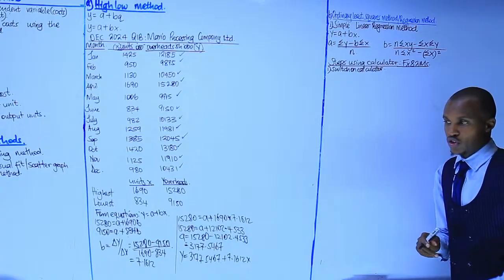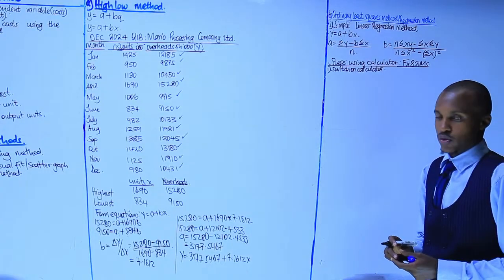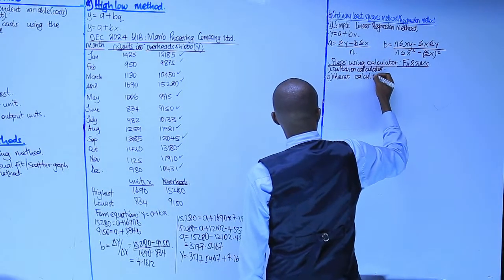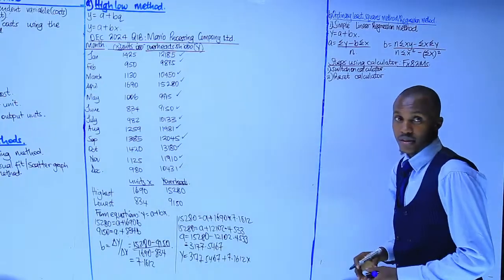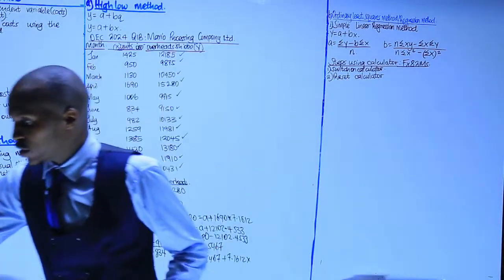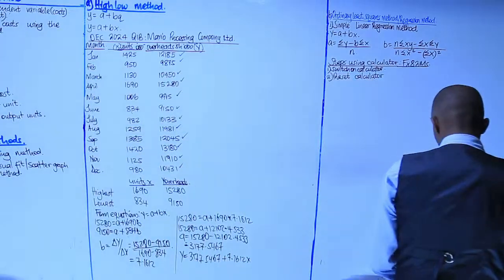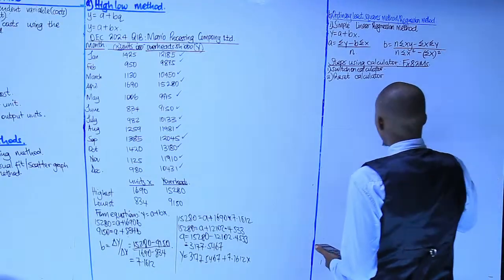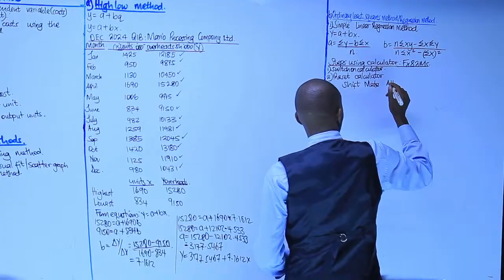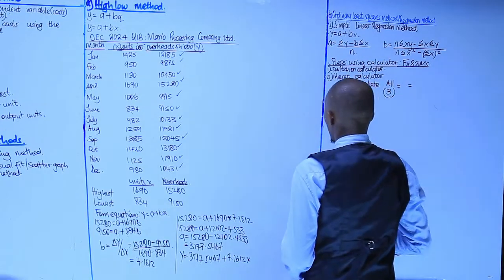Once we have switched on our calculator, the second step is to reset the calculator. You reset your calculator by pressing Shift, Mode, All, which is given by number 3, then equals.